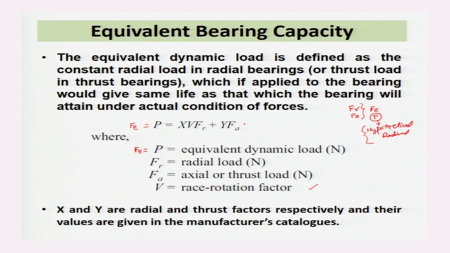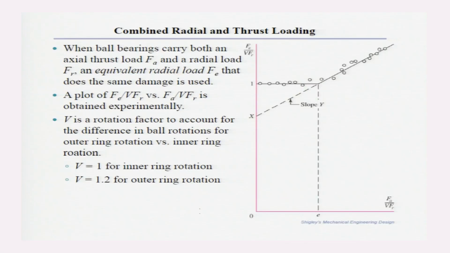Now, let us see how this equation has been derived and what is the genesis of this equation. When ball bearings carry both an axial or thrust load Fa and a radial load Fr, an equivalent radial load Fe that does the same damage is used.